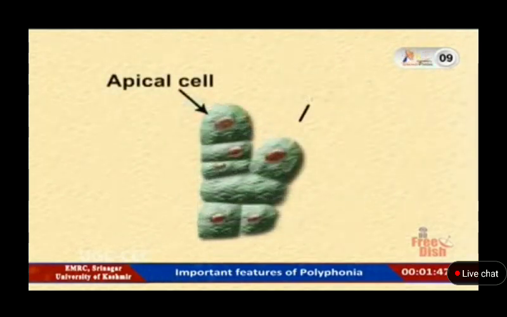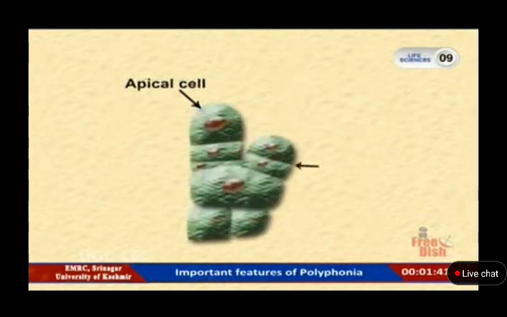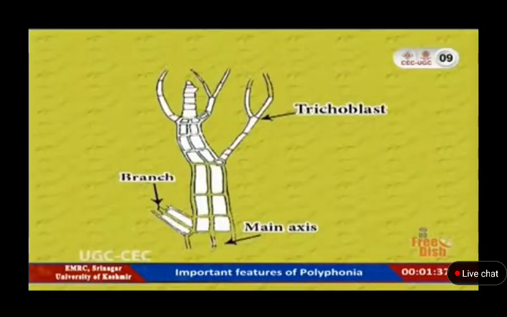It is called the trichoblast initial, which divides repeatedly to form a dichotomously branched, gradually tapering, hair-like multicellular trichoblast. The cells in the trichoblast are arranged uniseriately in a linear file. The component cells in a trichoblast are uninucleate, colorless, and contain leucoplasts.